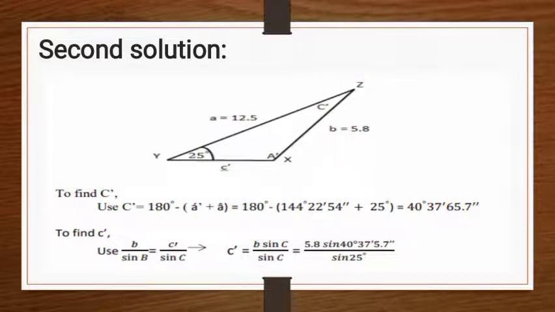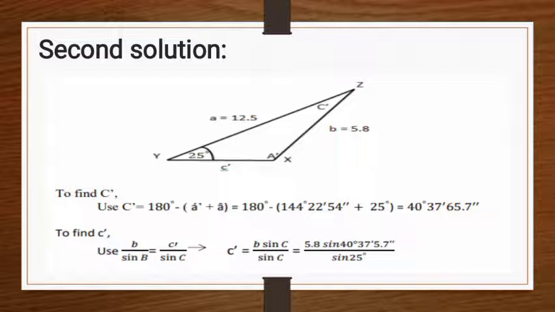Second solution. To find C, use angle C equals 180 degrees minus A plus A, equals 180 degrees minus 144 degrees 22 minutes and 54 seconds plus 25. So the answer is 40 degrees 37 minutes and 5.7 seconds.